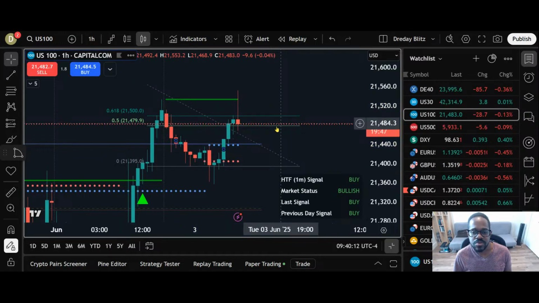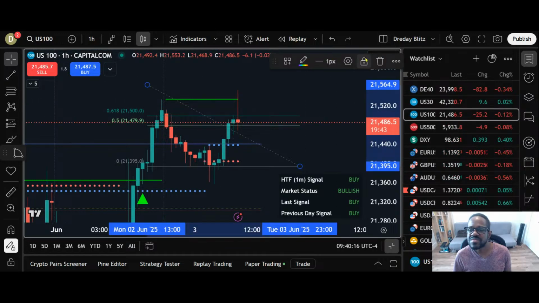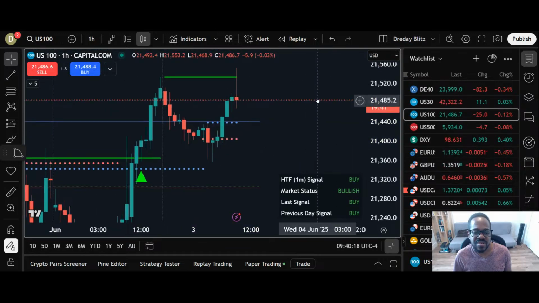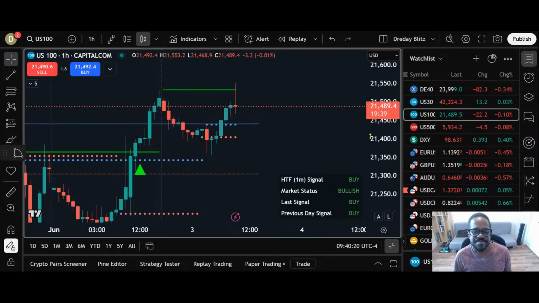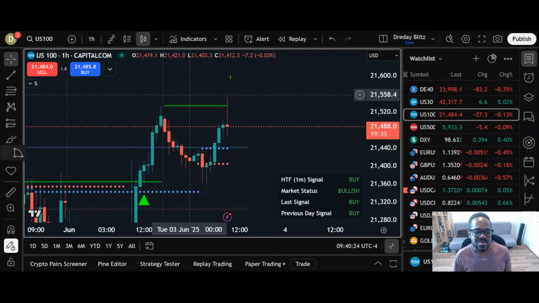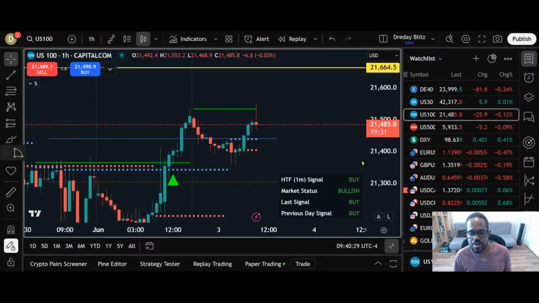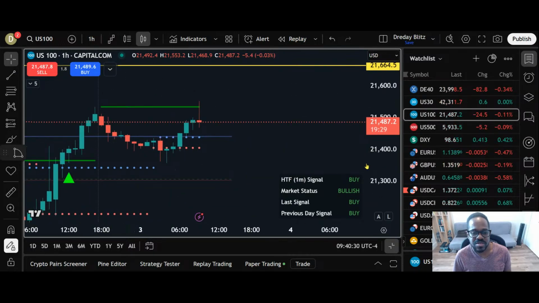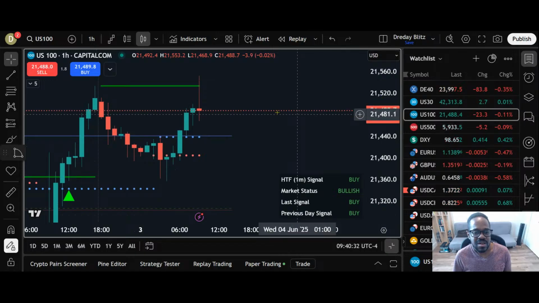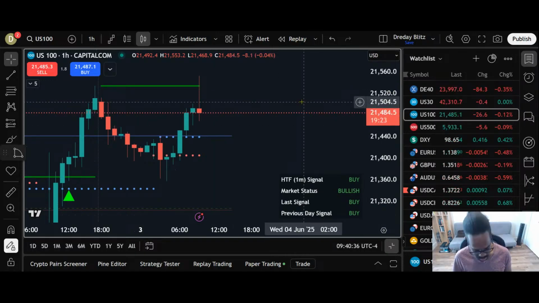I'm just going to remove the fib. So that was manipulation here on the upside. So we'll see how that other 15-minute will open.